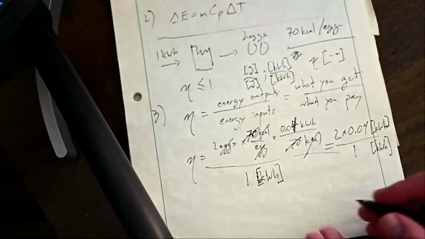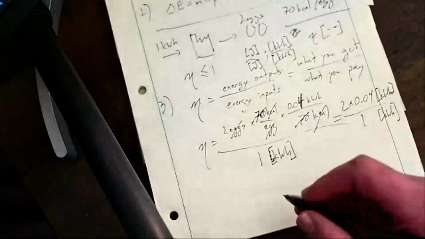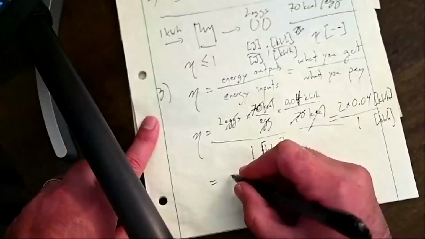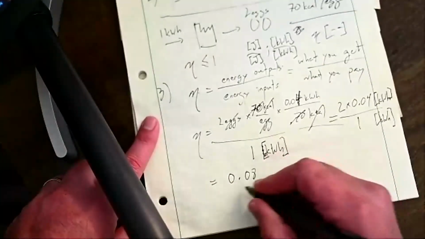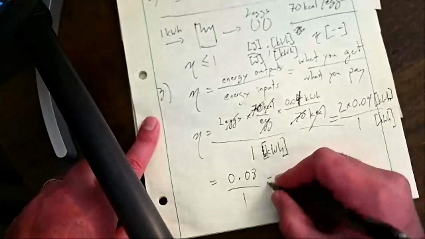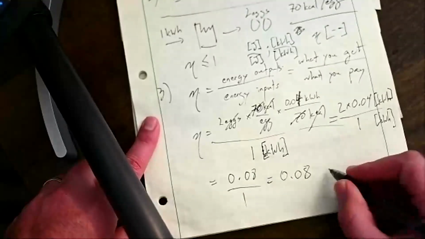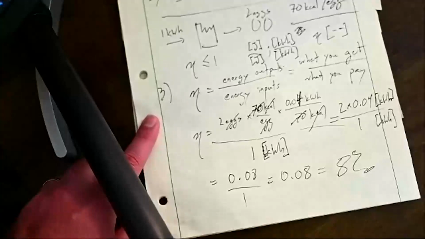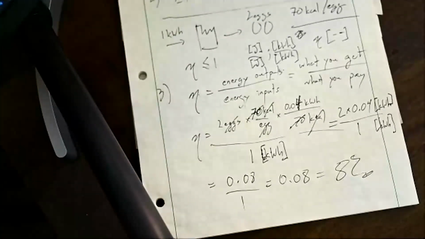So if we crank through this math, we see that, sorry, I'm trying to straddle this camera here, it is 0.08 over 1 equals 0.08. And so this equals 8%. So that's the efficiency of a chicken.